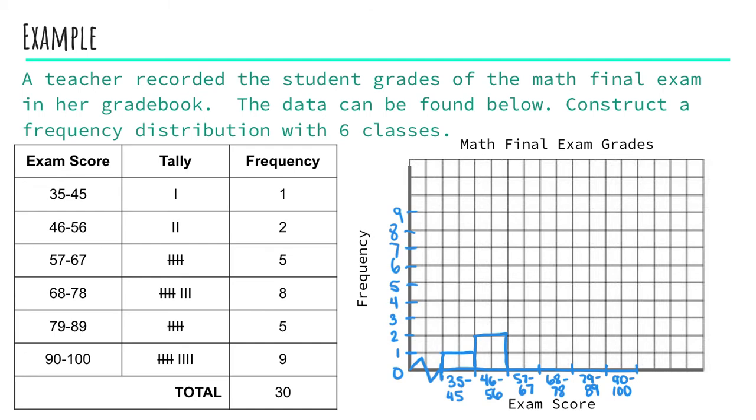Next class has a frequency of 5. Let's go up to 5. Let's come back down. Next class has a frequency of 8. So let's go ahead and go up to 8 and then right back down. Next class has a frequency of 5. And final class has a frequency of 9.